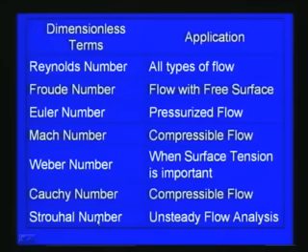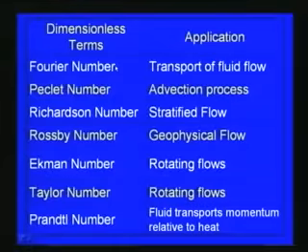And Strouhal number, wherever the unsteady effect has to be critically analyzed, then in that case we use the Strouhal number for unsteady flow analysis. And then a few other dimensionless numbers which we have already discussed, for example Fourier number, wherever we deal with the transport of fluid flow. So, in that case the Fourier number is important, and we use the Fourier number.